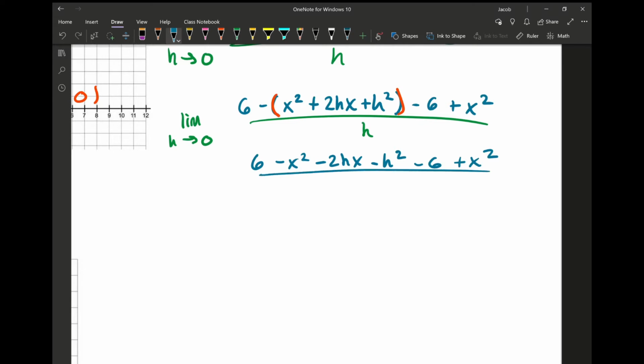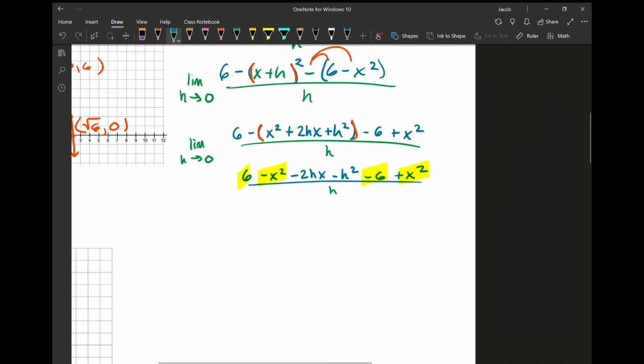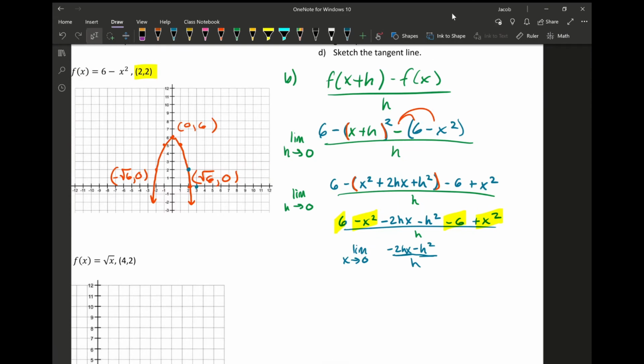If we look at this, we've got a couple terms that will cancel: the x squared terms and the 6 and negative 6. What's left over is negative 2hx minus h squared, which can be divided by h.